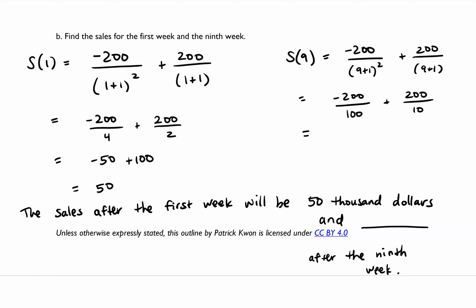So that's going to be negative 2 plus 20, which is 18. So after the 9th week, they would have $18,000 in sales after the 9th week.